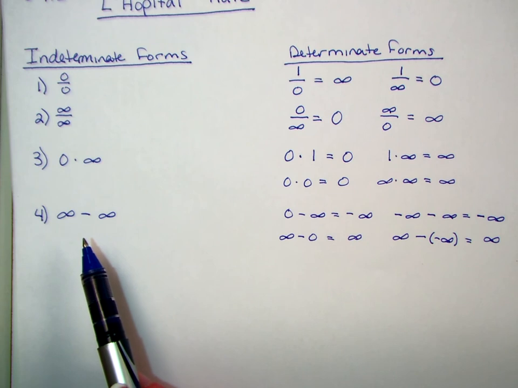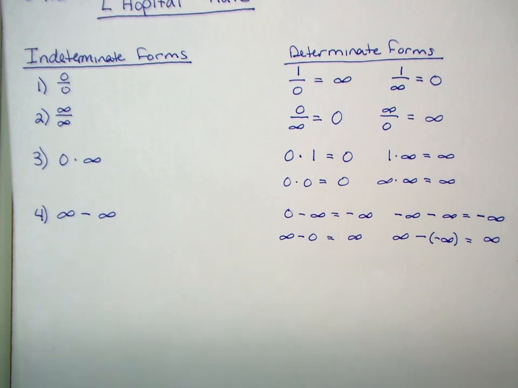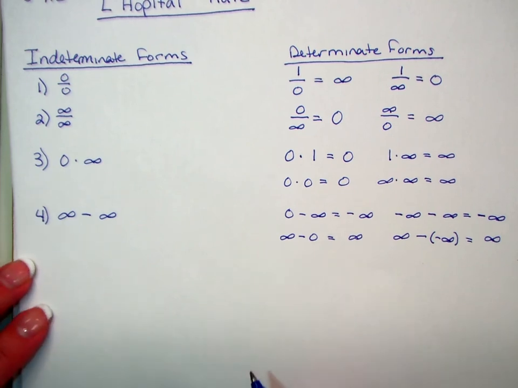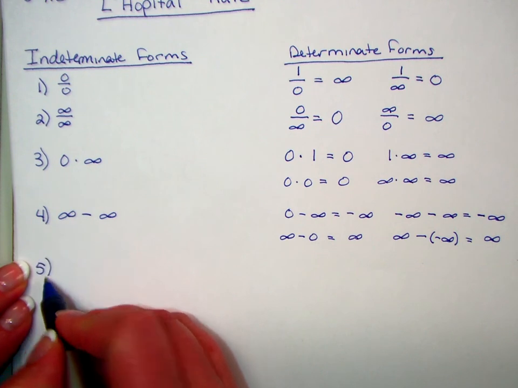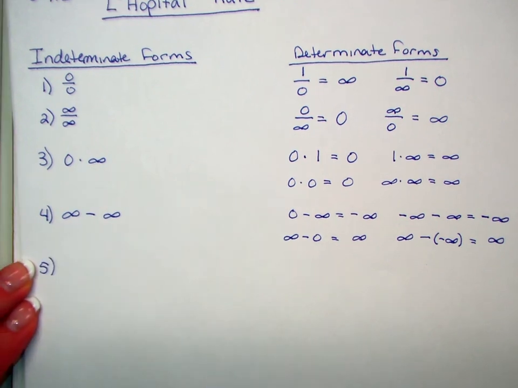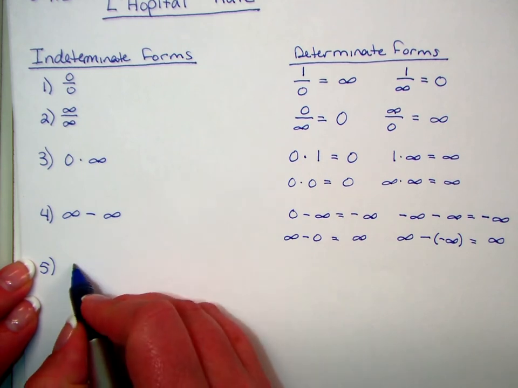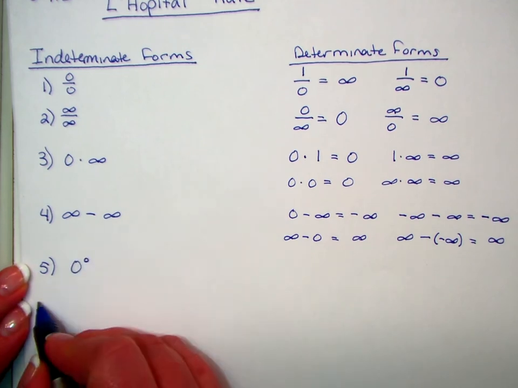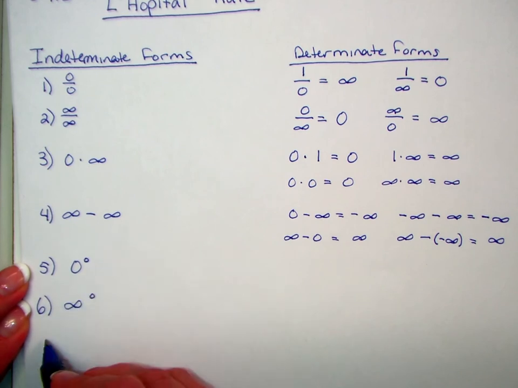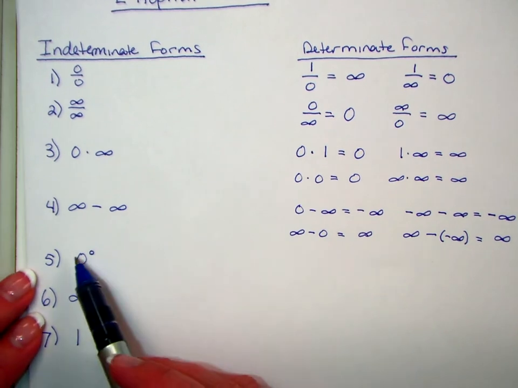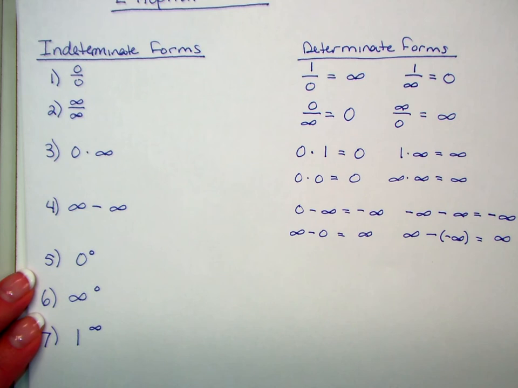Now, the last three indeterminate forms are powers, and I'm probably going to do a separate video there. But our indeterminate powers, just so you'll have them all in one location, are 0 to the 0, infinity to the 0, and 1 to the infinity. So we're going to have a function raised to another function.